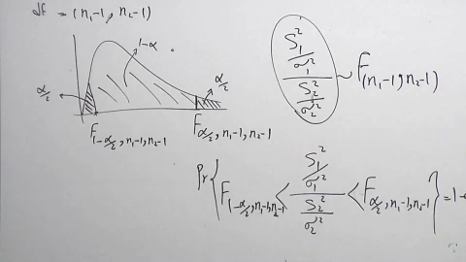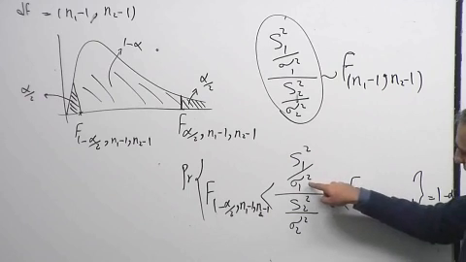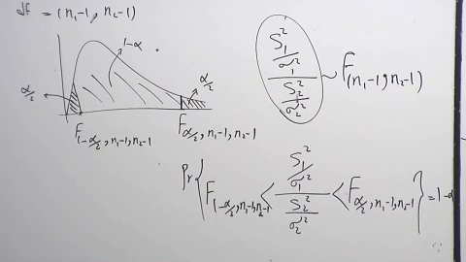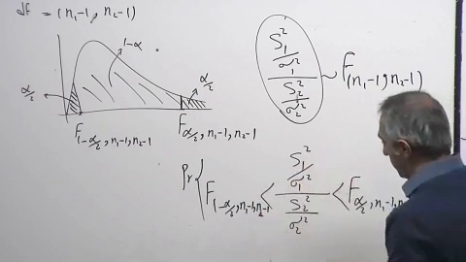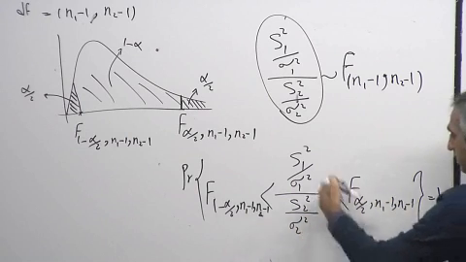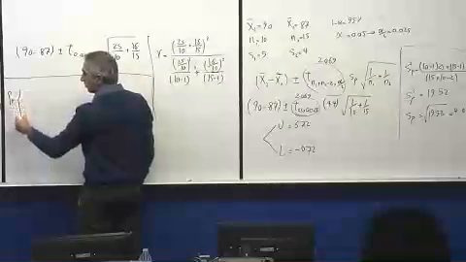I continue here. What I'm going to do is have sigma 1 squared divided by sigma 2 squared here, and then multiply by some numbers and reverse it to get that one in between these two inequalities or bounds.